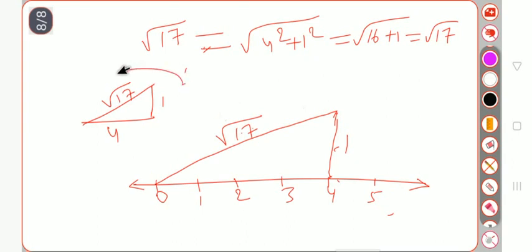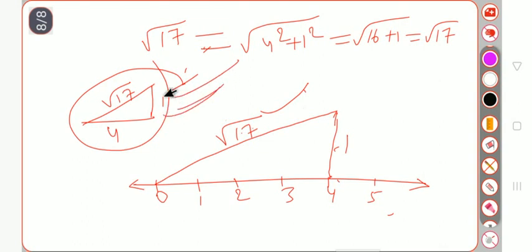I explained this triangle because root 17 came here by using Pythagoras. They just tell us, so we remember it like Hindi or other subjects. You don't have to remember anything in this. This is mathematics, so you just have to understand everything.